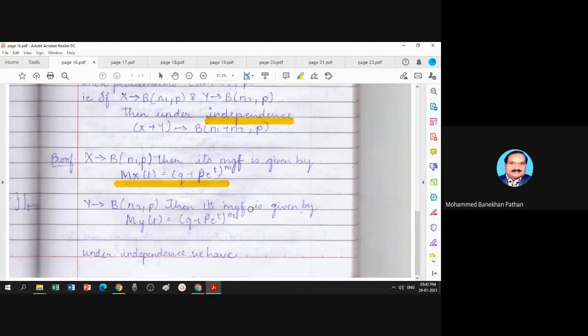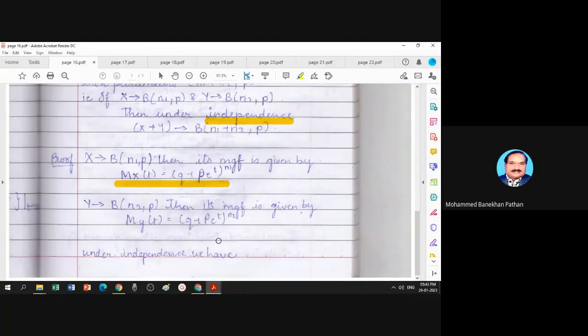Then its MGF is given by My(t) equals (q plus p e to the power t) whole bracket raised to n2. This we have seen yesterday. This is the MGF of binomial with parameters n1 comma p, and this is the MGF of binomial with parameters n2 comma p. You can see only the power of the bracket changes. Inside the bracket the quantities are same.